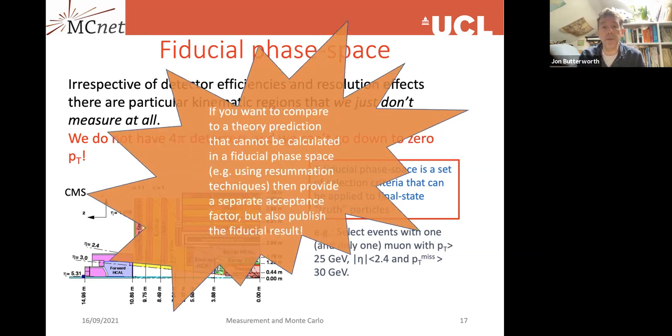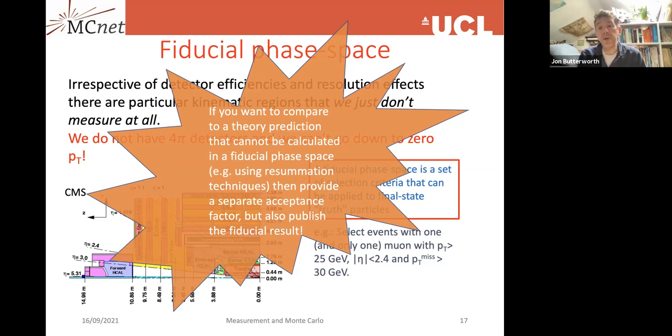If you want to compare to a theory prediction that can't do that, and there are good reasons why some cannot, you can get more precision. The typical reason is that if you integrate over the full phase space, it's easier to get a higher order correction. There are simplifications in doing a higher order calculation, or a resummation, for instance.